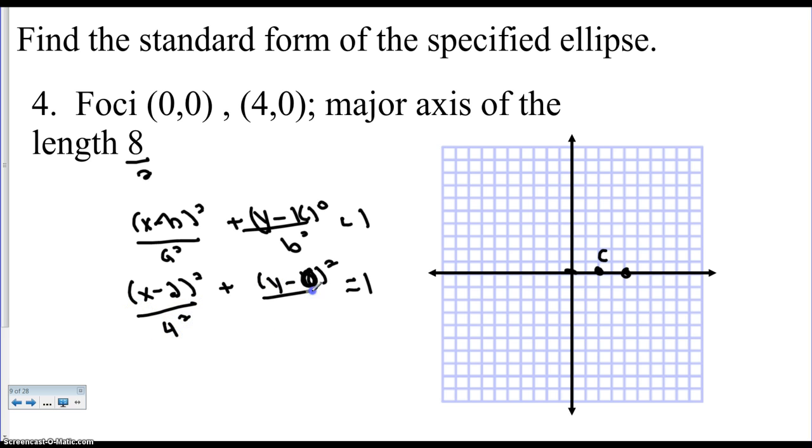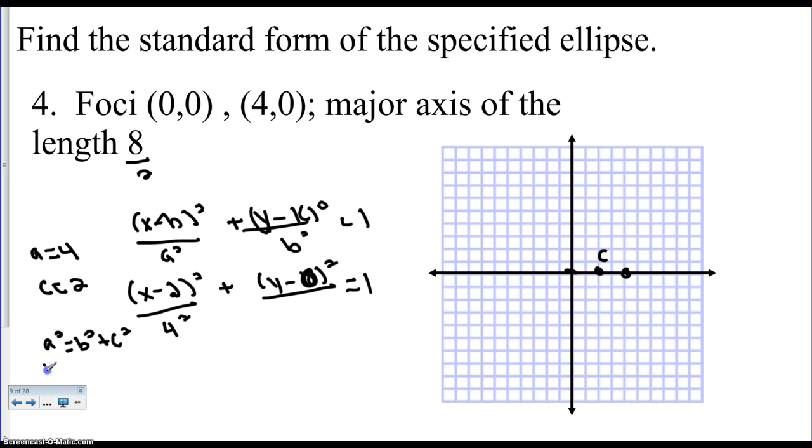B is going to be a little bit more complicated because I don't know what b is. I know what a is. A is 4. And I also know that c is the distance that the foci is away from the center. So in this case, it's 2. So what we talked about before is that a squared equals b squared plus c squared.